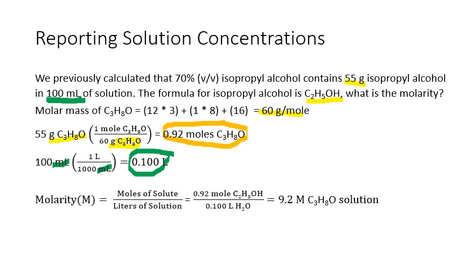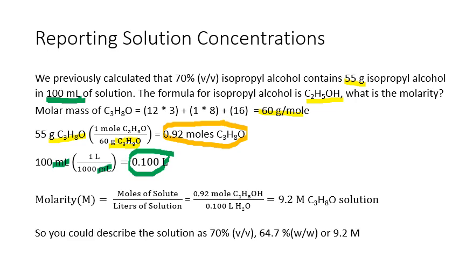And it turns out that 0.92 moles in 0.1 liters means that we have a 9.2 mole per liter solution of rubbing alcohol. So the 70% isopropyl alcohol that you have in your medicine cabinet, you could report 3 different ways. You could report it as 70% volume, you could report it as 65% weight, or you could report it as 9.2 molar.